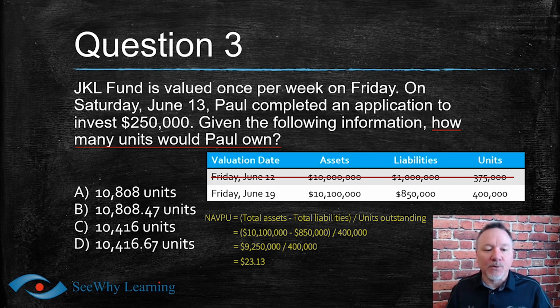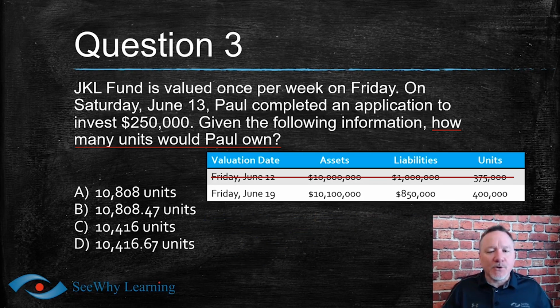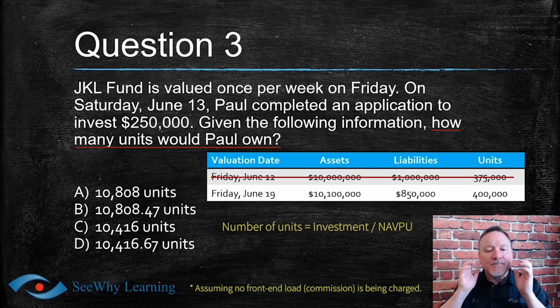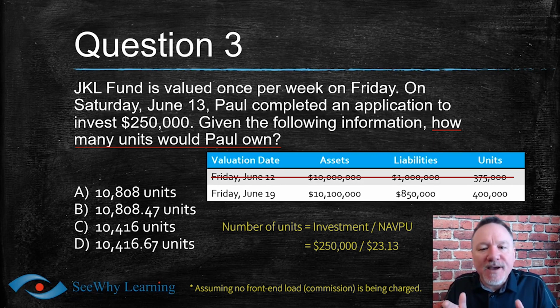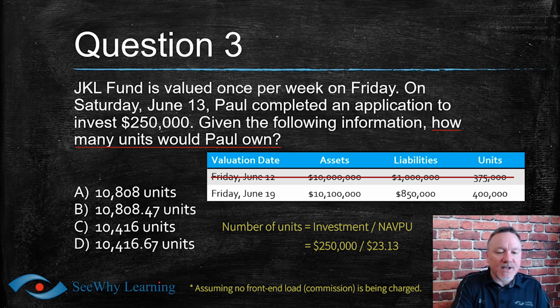So $23.13 rounded. Then what we have to do is take that amount he's invested, $250,000, and divide it by that NAVPU. You guys have seen me do this before. $250,000 invested divided by $23.13. Let me just do the math.